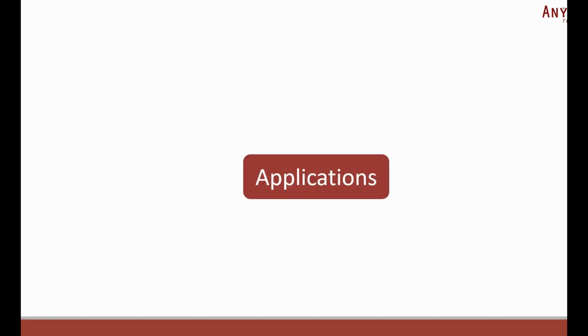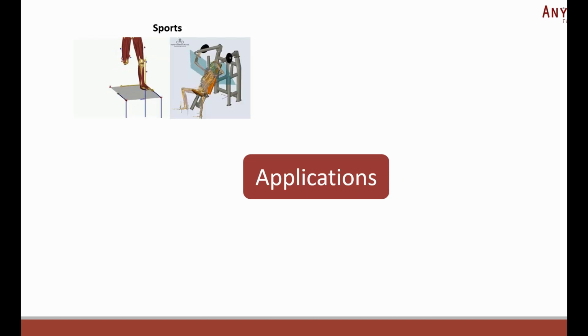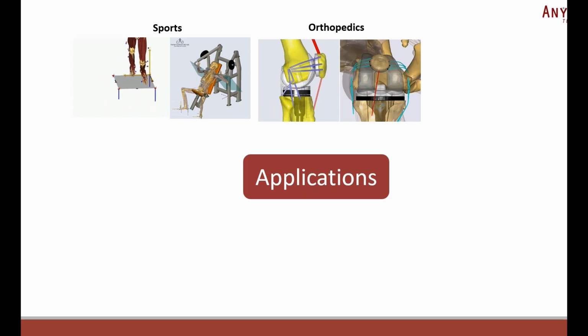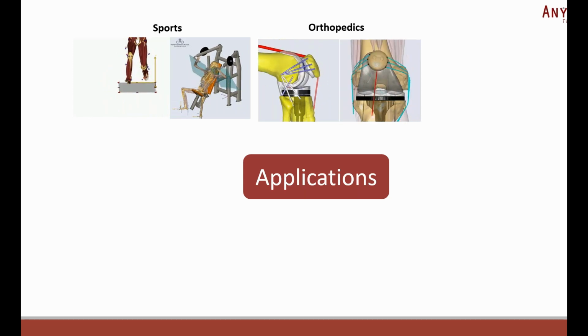There are many applications of the antibody modeling system in industry and research. One of the fields is quite big, and this is what we are going to focus on today. It is sports. So you can analyze and possibly enhance the performance of athletes. You can design some training equipment. It is also used in orthopedics and the medical device field.